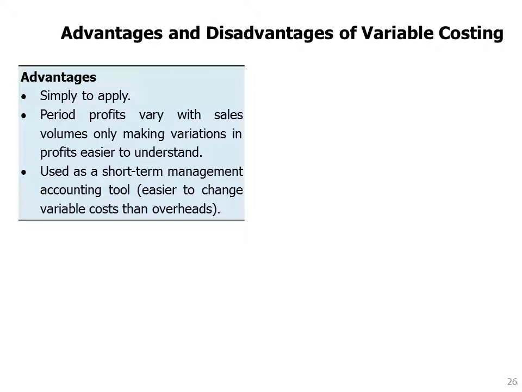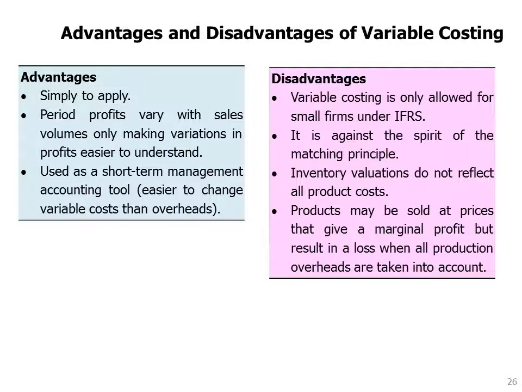And advantages and disadvantages of variable costing. So it's simpler to apply, and it's easier to understand changes in profits. Period profits vary with sales volumes only, which makes variations in profits easier to understand. And it is used more as a short-term management accounting tool. It's much easier to change variable costs short-term than long-term fixed overheads.